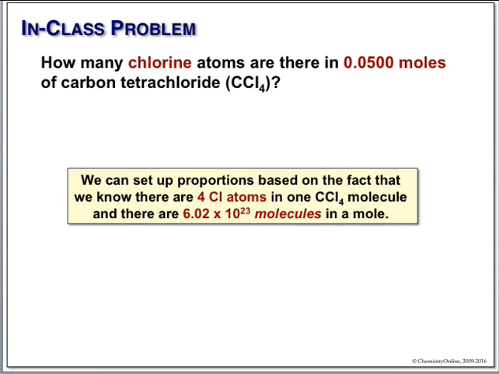We're going to do this the same way. 4 chlorine atoms per molecule, and 6.02 times 10 to the 23rd molecules in a mole. Our given is going to be 0.05, isn't it? We need to convert moles into molecules. And then multiply that by the mole ratio, 1 to 4.